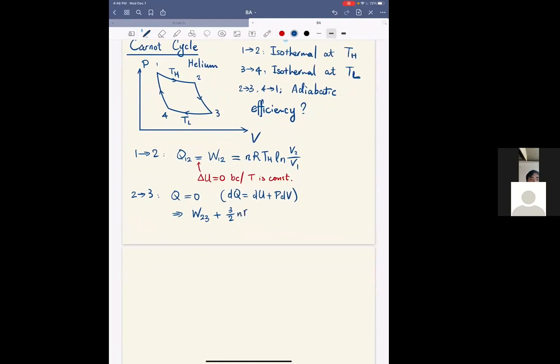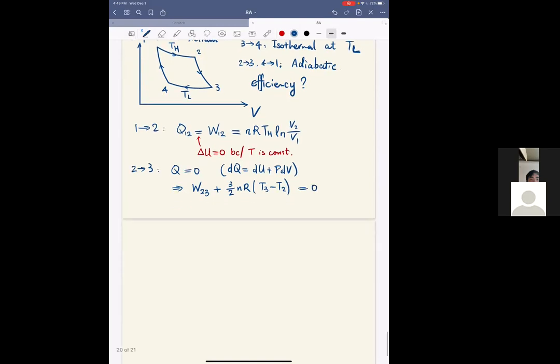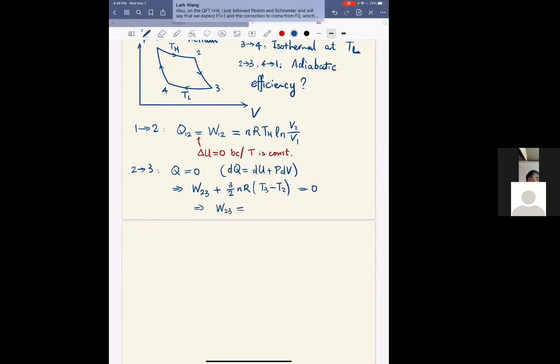The increase in internal energy is final minus initial, so 3/2 nR (T3 minus T2). So W2 to 3 equals 3/2 nR (T2 minus T3).